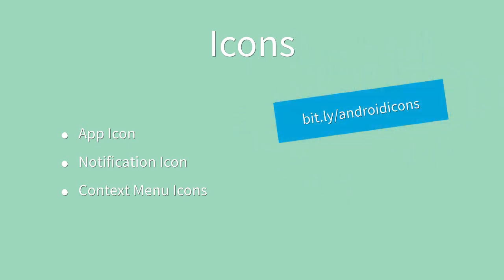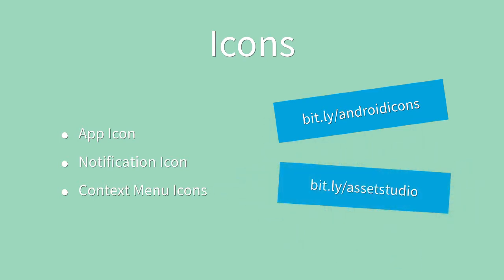There's a lovely link you can follow, bit.ly/Android icons. There are lots of different icons that this little tool will make for you. It's a web-based tool where you give it flat images and it spits out all the icons in all the different sizes that you need. So you don't really have an excuse not to make good icons.